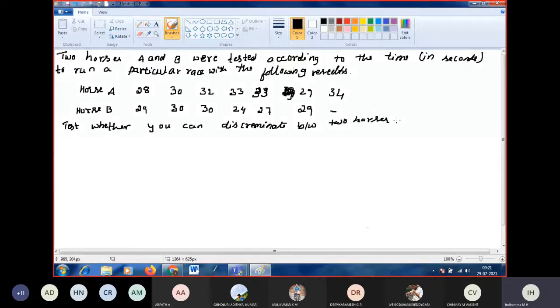Here the last value for horse B is not given. So this is the question: two horses A and B were tested according to the time in seconds to run a particular race with the following results. Horse A is given, horse B is given, but horse B's last value is not given. Test whether you can discriminate between the two horses. So we have to check whether there is discrimination between the two horses for the given data.